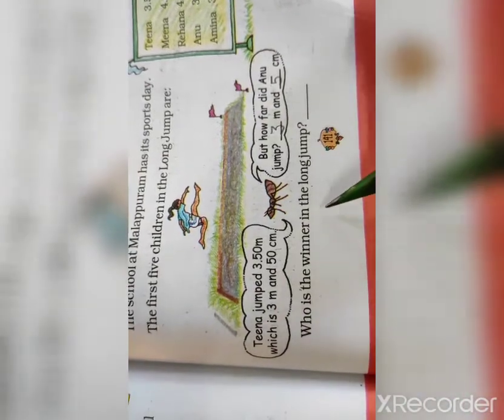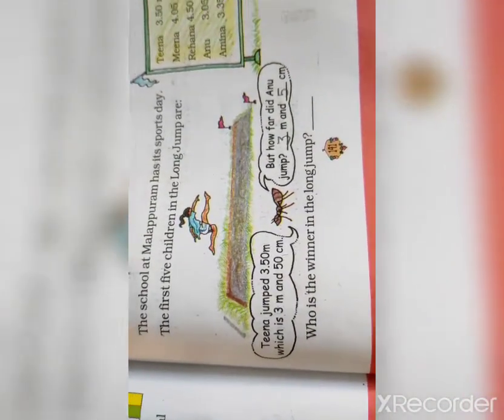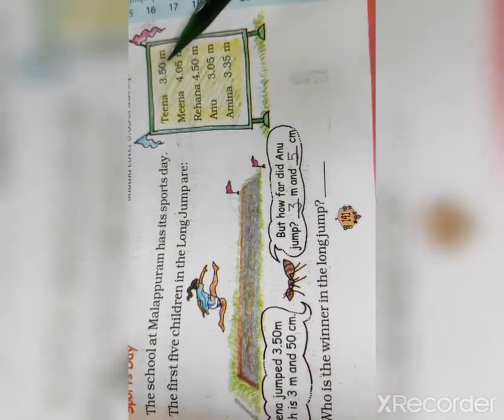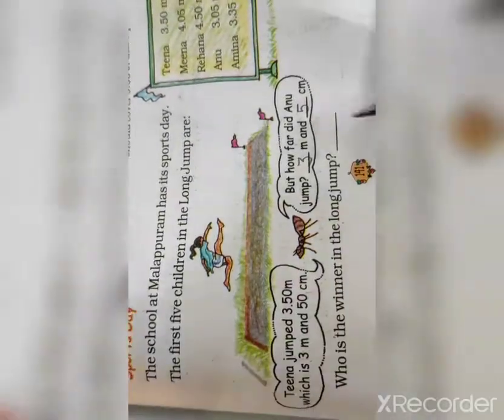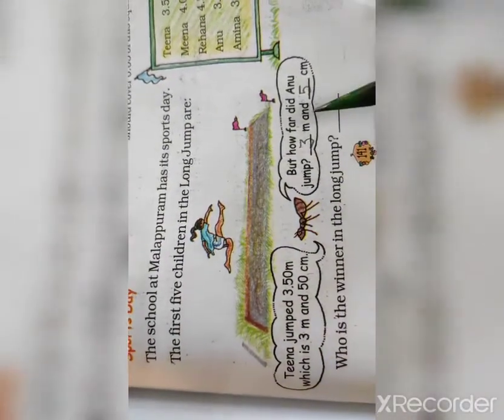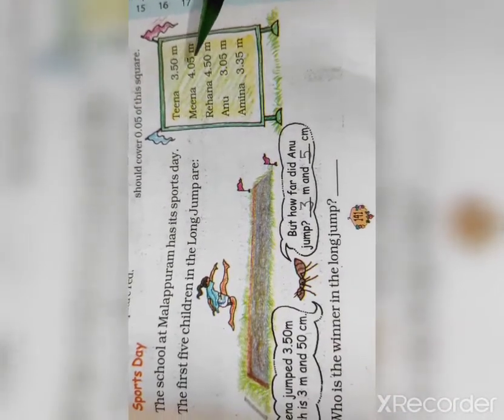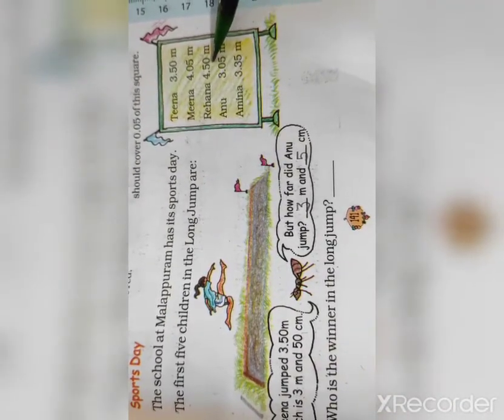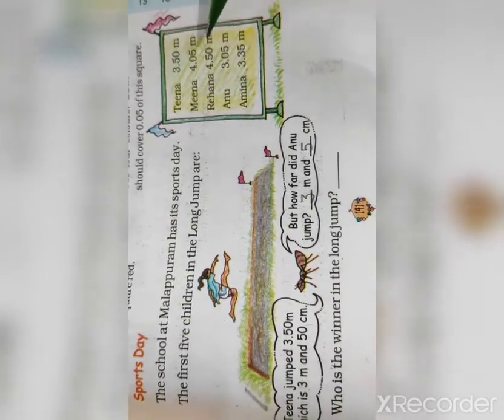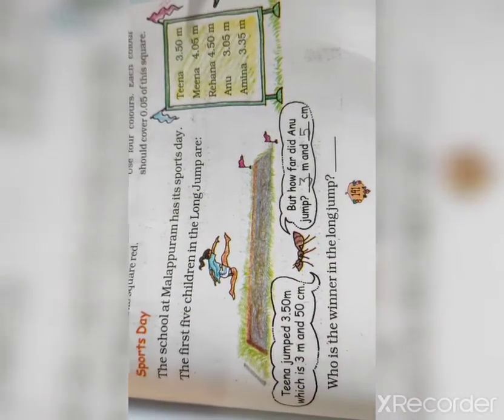Who is the winner in the long jump? According to this table, Meena, then Rehana. So Rehana is the winner in the long jump.